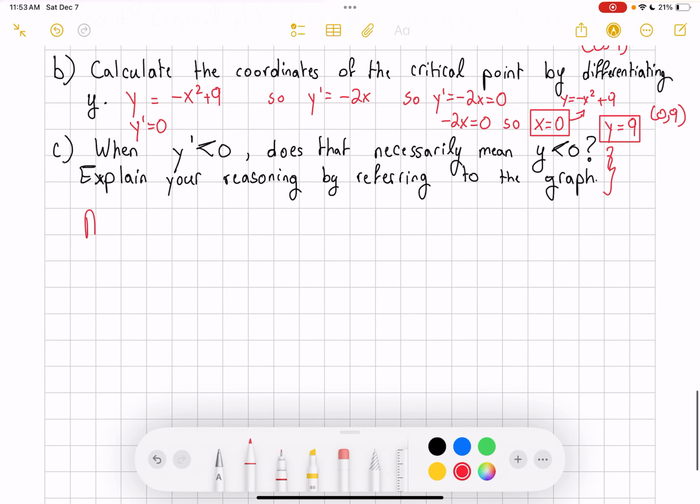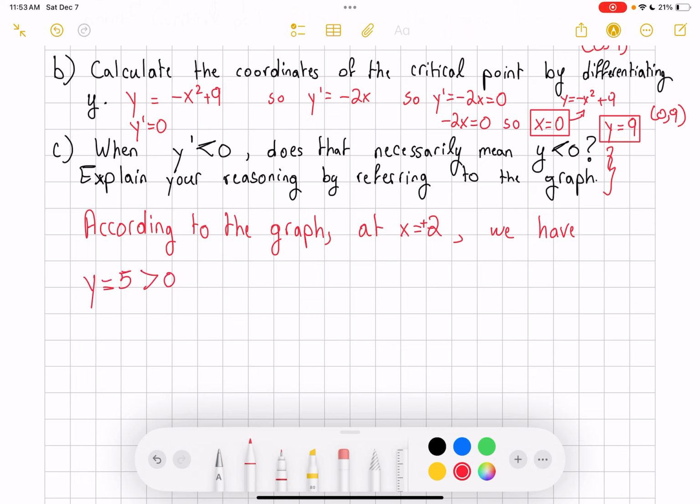So according to the graph, at x equals positive 2, we have y equals 5, which is positive.